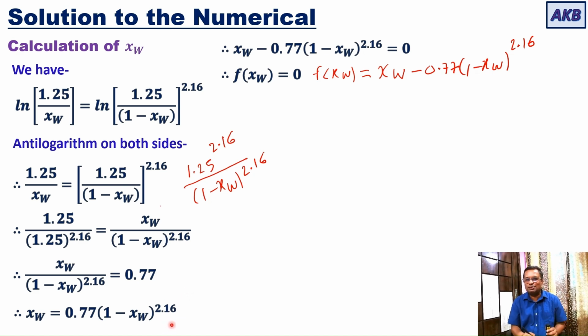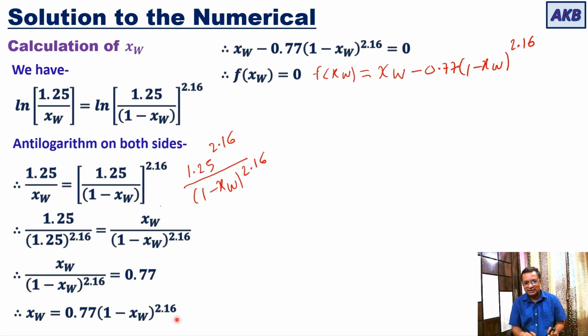So, you have to do it by trial and error, because on one side you have xw simply, on the other side you have xw in a function that is raised to some power. So, it would be difficult to get the value of xw by using simple mathematics. You need to solve it by trial and error.